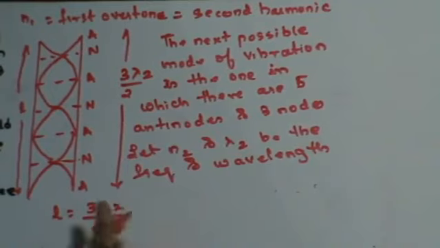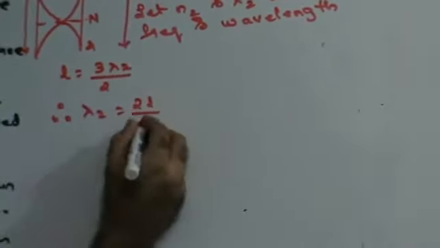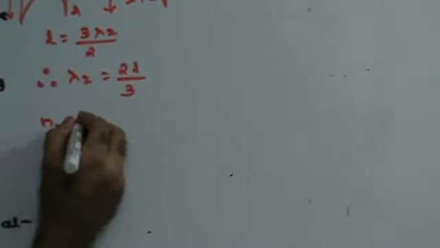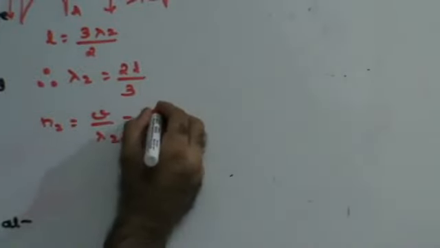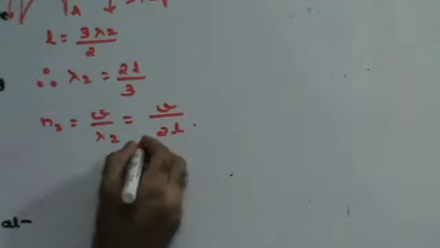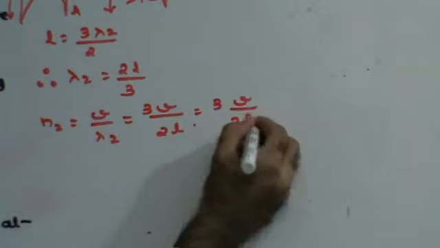Therefore I can say that lambda 2 is 2L by 3. Once you have this, then I can say that frequency is nothing but V upon lambda 2, that is V by 2L by 3. This is 3 times V by 2L.